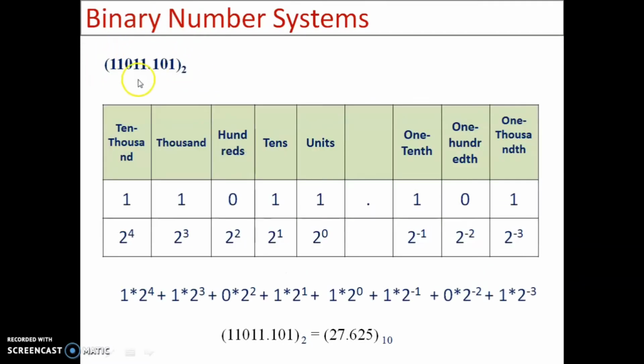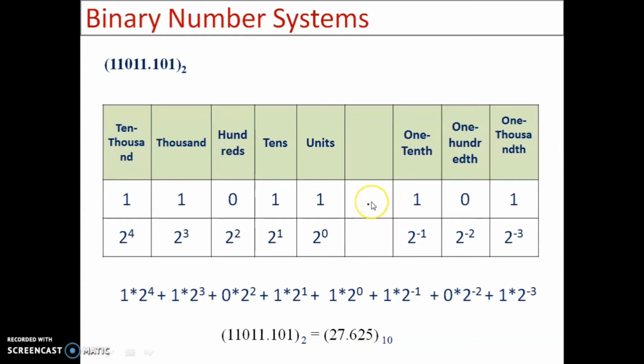Consider an example. This is one binary number. This is actually the binary number of a decimal number, that is 27.625. So now express this one in unit place, 10th place, 100, 1000 and then 10,000 like this.